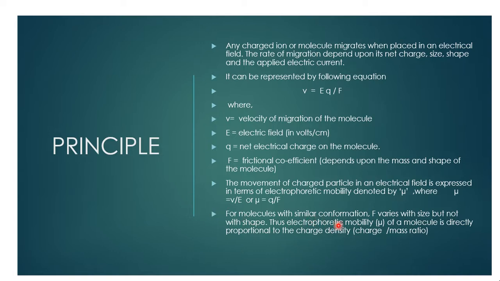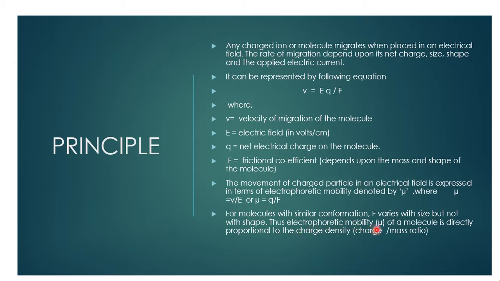For molecules with similar conformation, F varies with size but not with shape. Remember, the frictional coefficient varies with the size but not with the shape. If you take a larger sphere and a smaller sphere, the shape is the same but the size is different. So it varies with size but not with shape.